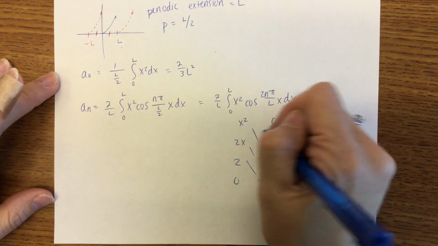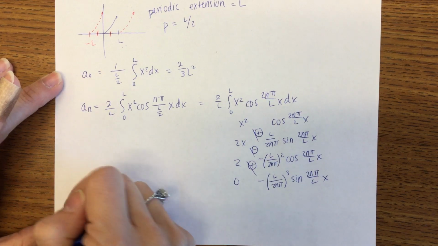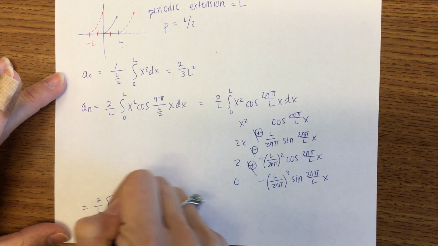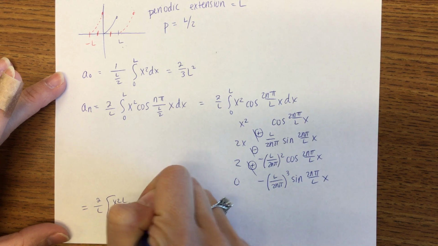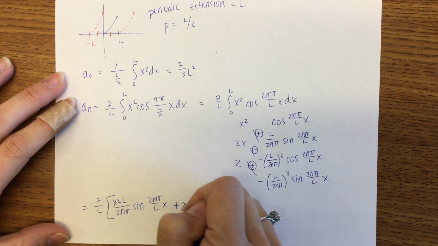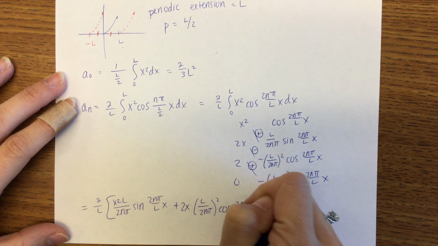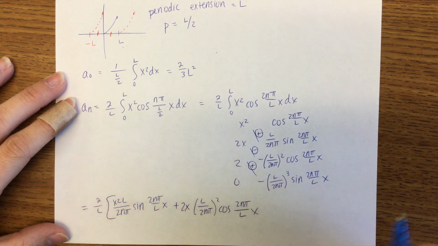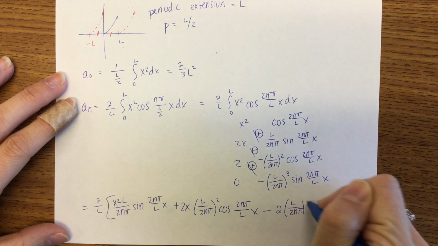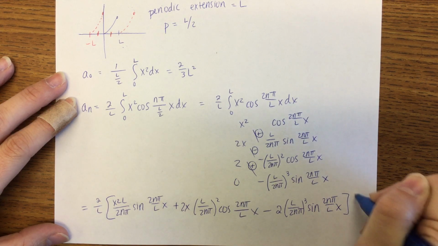Okay, so here we're going to add, here we'll subtract, here we'll add again. So we end up with 2 over L times the entire quantity, x squared L over 2n pi sine of 2n pi over Lx plus 2x L over 2n pi squared cosine of 2n pi over Lx, subtract 2 L over 2n pi cubed sine 2n pi over Lx.